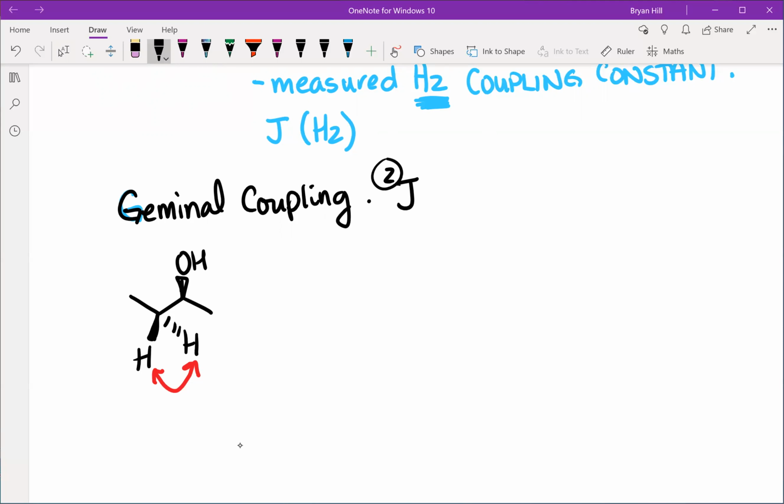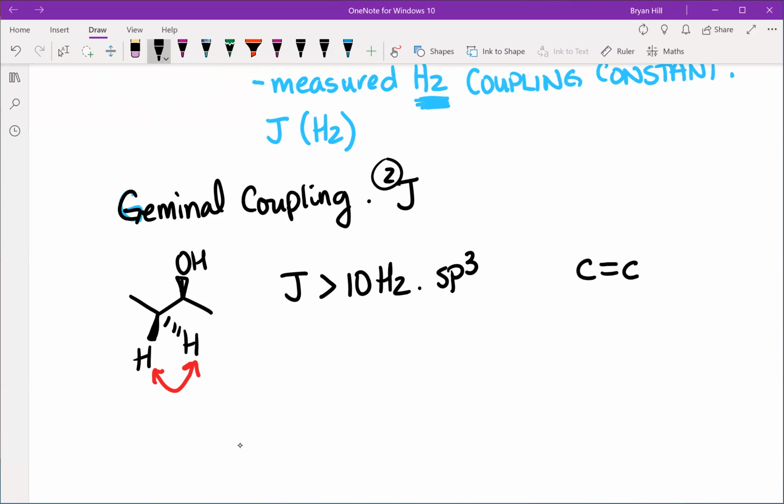So for geminal couplings, the J values tend to be greater than 10 hertz for sp3 hybridized carbons. For sp2 hybridized carbons, it's lower.